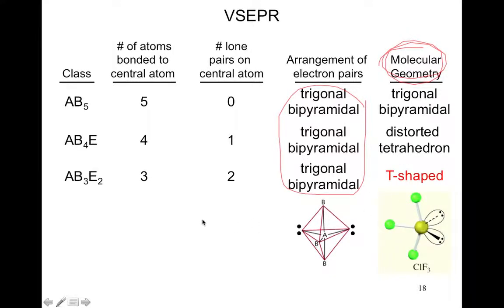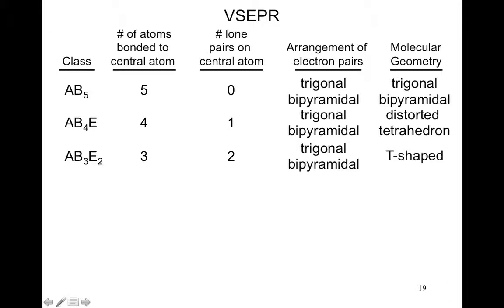And so here, this AB3E2, we've got 2 electron pairs, and those aren't really that important when it comes to your molecular geometries, naming at any rate. So our name comes from this one line, and one in the middle, and that's T-shaped. T-shaped. Look at that molecule, ClF3. Weird, right? Chlorine trifluoride. Alright. Well, okay, so T-shaped. That's what that's called.